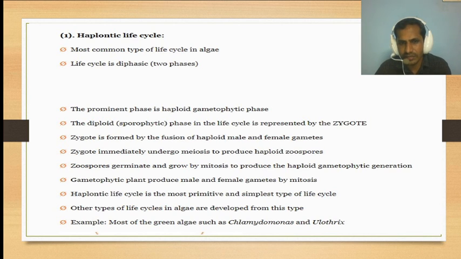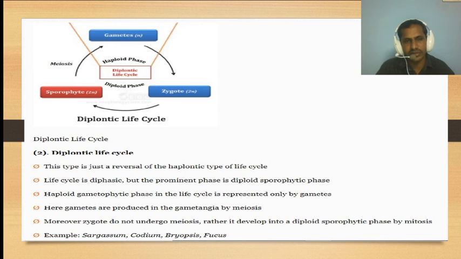This is very common in Chlamydomonas and Oedogonium. Chlamydomonas is a unicellular haplontic life cycle, and the multicellular haplontic life cycle occurs in Oedogonium. Only the zygote is sporophytic; the rest of the time it is haploid, and immediately after meiosis they produce zoospores.